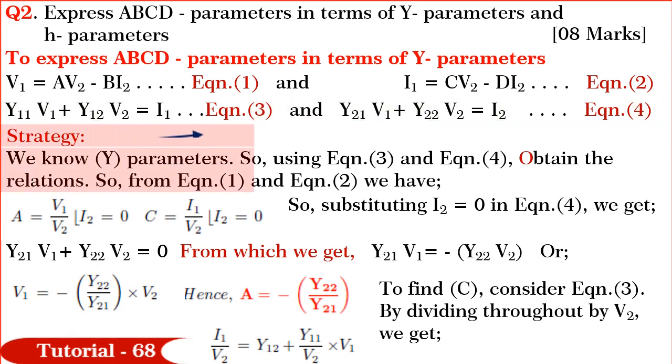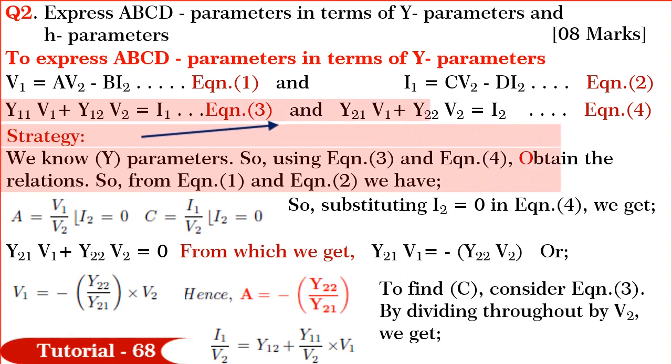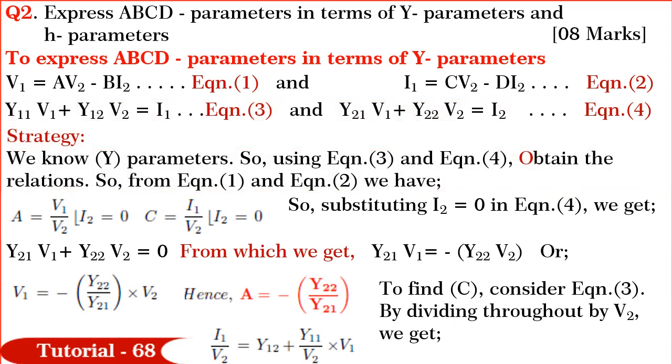The strategy will be to use equation 3 and equation 4 and obtain the relations for A, B, C and D parameters. So, from equation 1 and equation 2, we have A is equal to V1 divided by V2 when I2 is equal to 0 and C is equal to I1 divided by V2 when I2 is equal to 0.